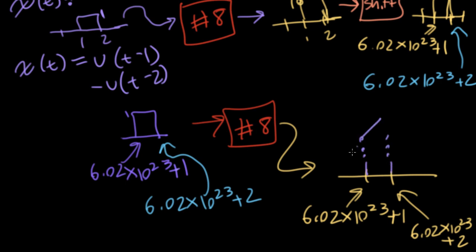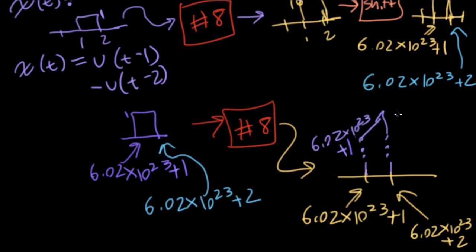This guy is going to start here at 6.02 times 10 to the 23rd plus 1. This guy is going to be way up here. Oh my goodness, it's not going to be much higher than this, but it's going to be way higher than this. 6.02 times 10 to the 23rd plus 2. So very different things. And probably the sooner we leave this particular example, the better.